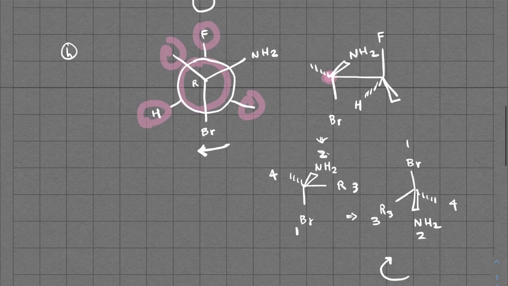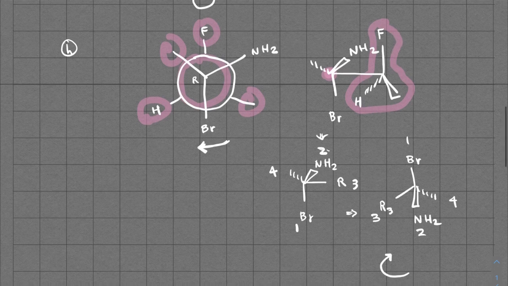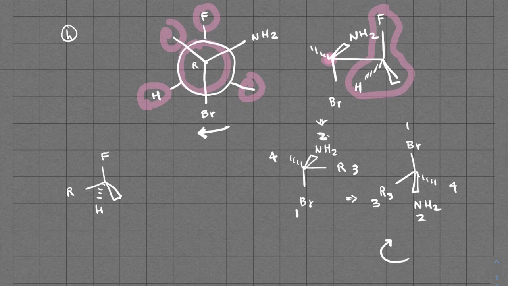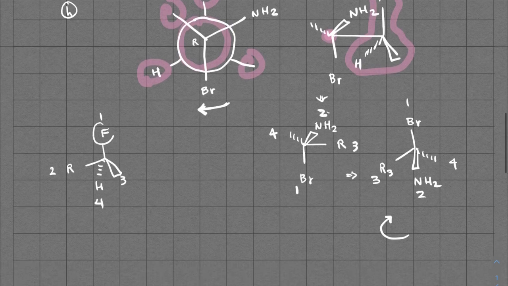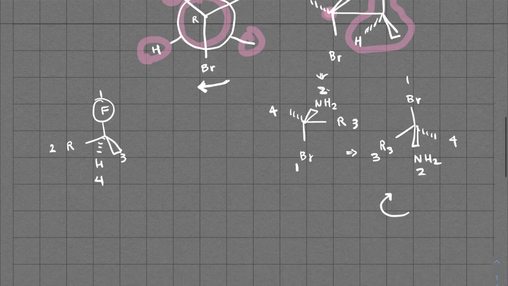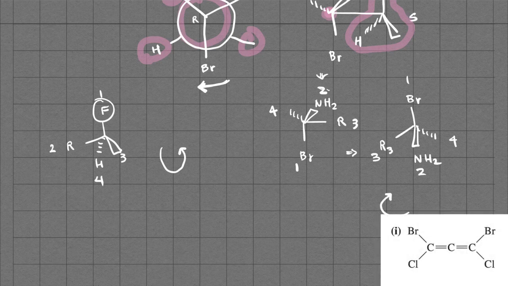Next, let's look over those bonds. So we have fluoride, R group, hydrogen, methyl. Let's assign priority as always. 1, 2, 3, 4. And the fluoride, our first priority atom, is already on top, so that's super convenient for us. So it's going to be rotating that way. So this is going to be an S configuration. Perfect.